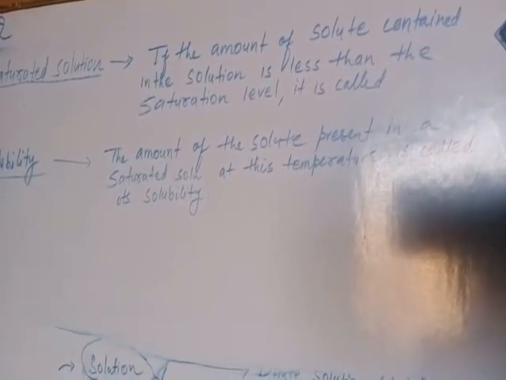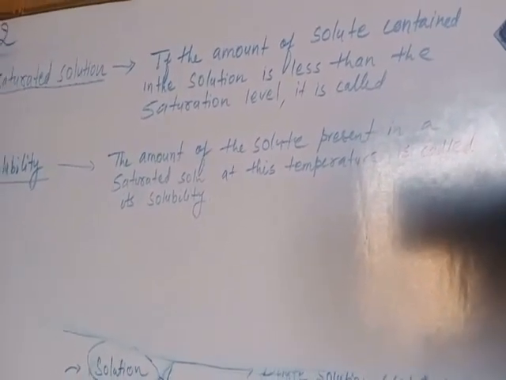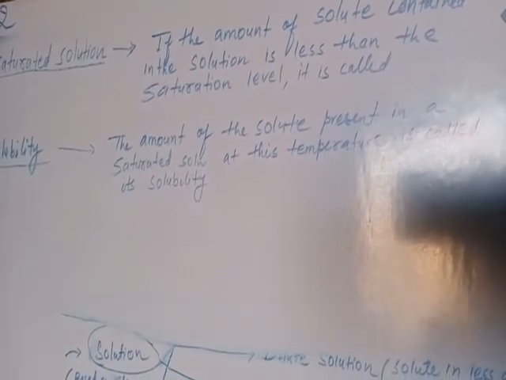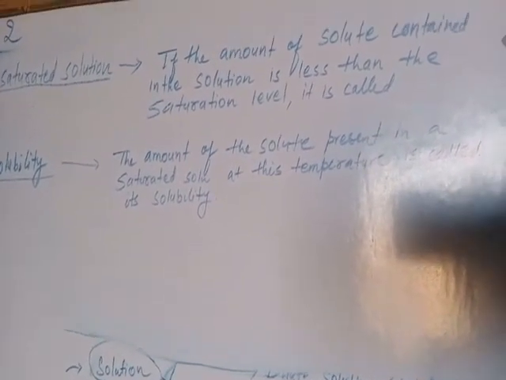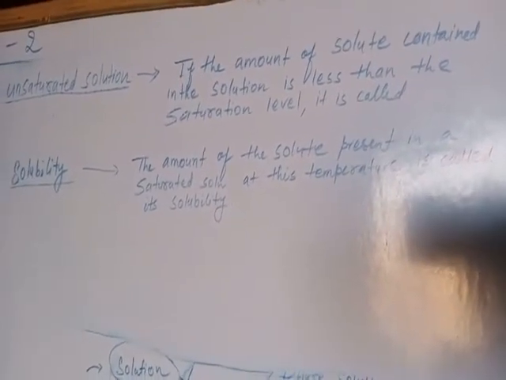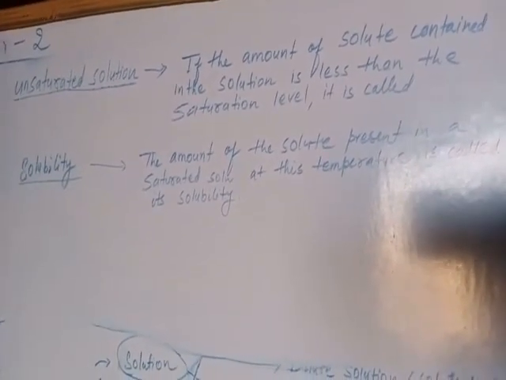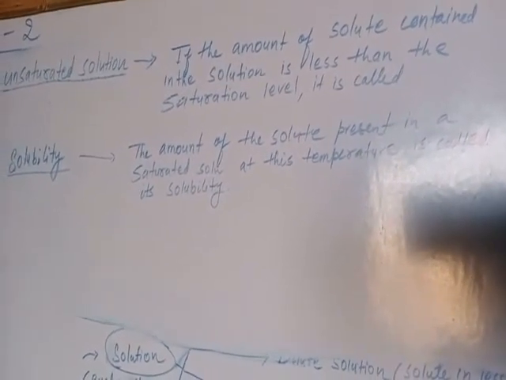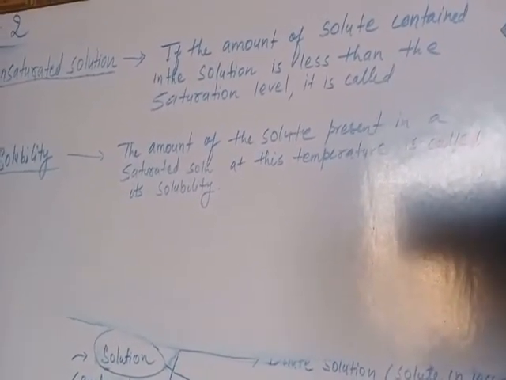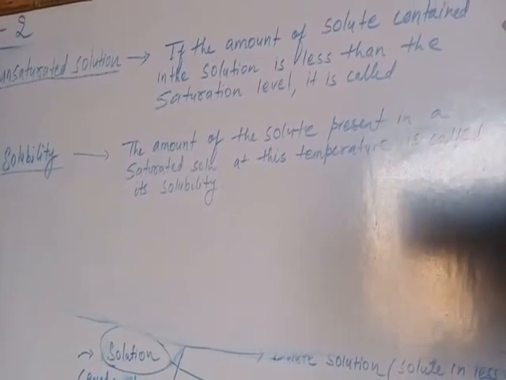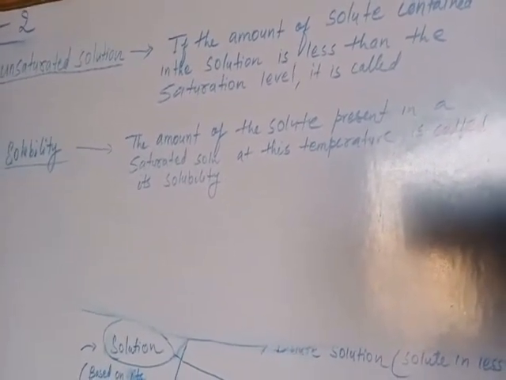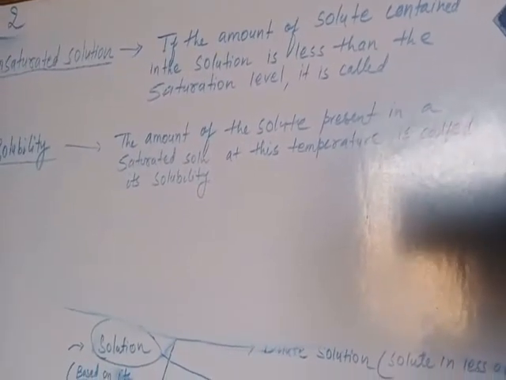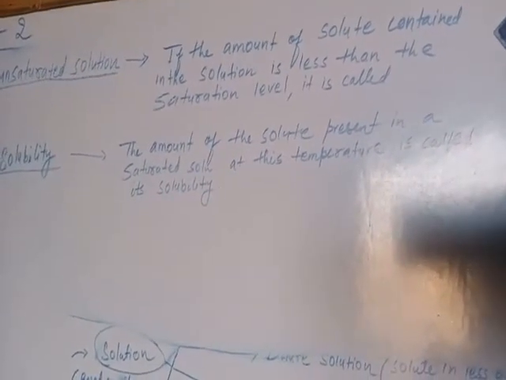So the solution in which 3 spatulas of solute particles mixed to form the solution, till that time the solution was an unsaturated solution, and when we added the 4th spatula of sugar particles and the solvent was not capable of dissolving it anymore, that time the solution became the saturated solution.